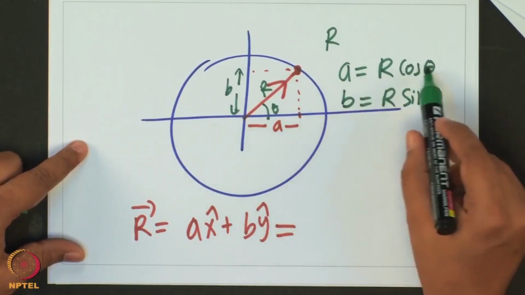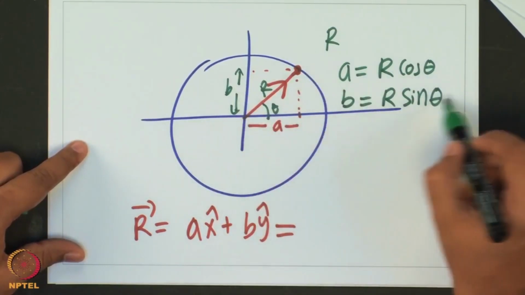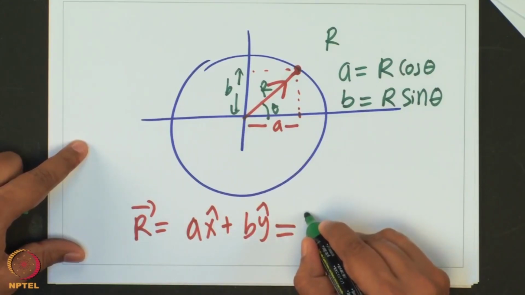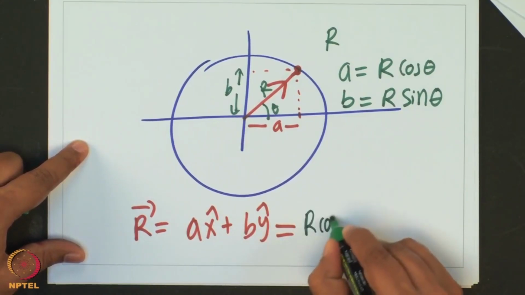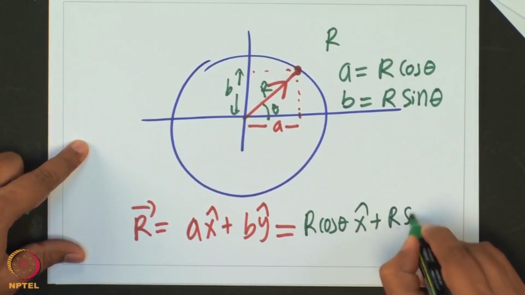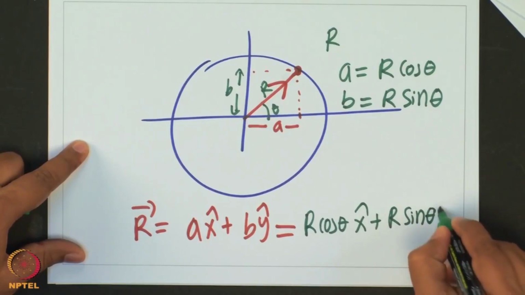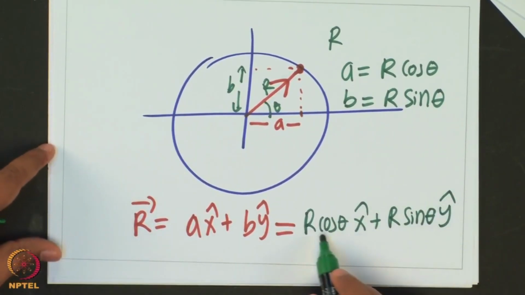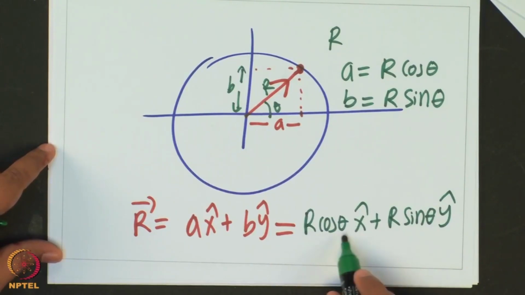So you can see that a is equal to r cos theta and b is equal to r sin theta. So I could write this as r cos theta x cap plus r sin theta y cap. This is the same thing now represented in terms of r and theta.